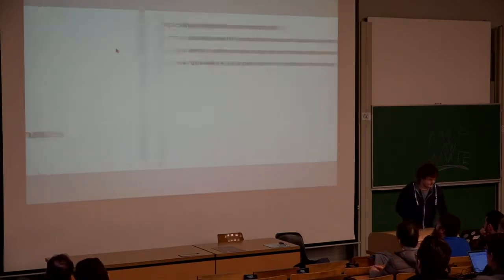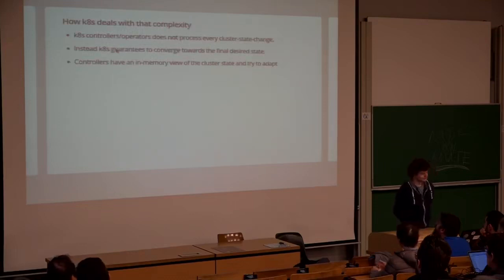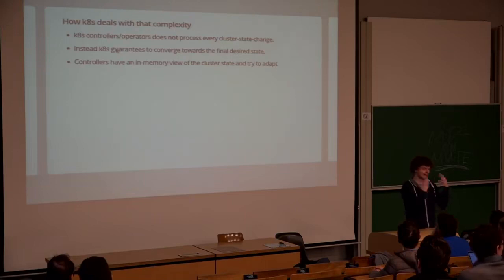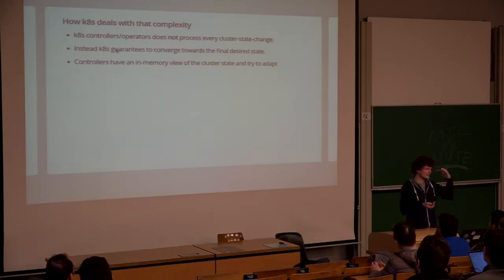Kubernetes has some basic considerations when it comes to writing controllers. One is we have a cluster state, and we are trying to follow that cluster state. But we're not following every state of the cluster. We're just trying to converge to the final state we want to reach. So, you get virtual machine update events, you have to react to them, and you just try to adapt the cluster to it, but you don't guarantee that you are going through every mutation of the object.